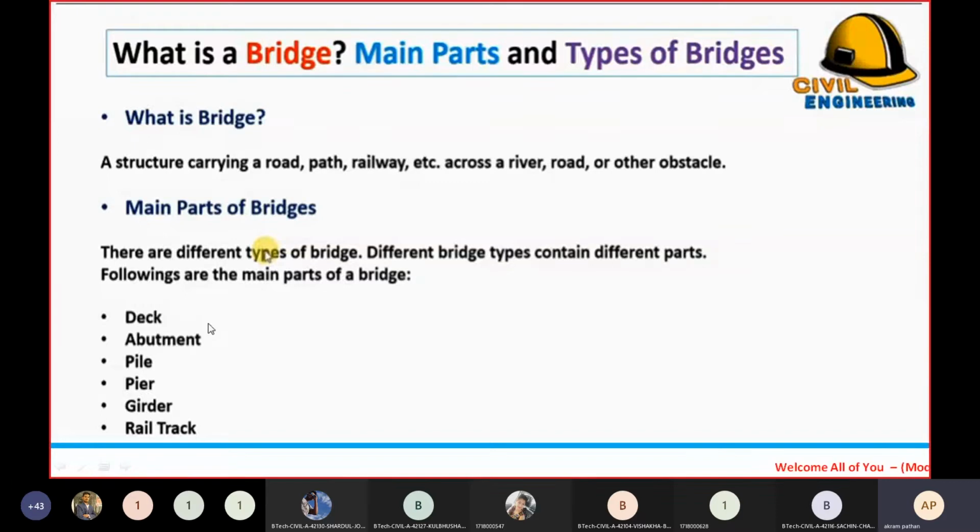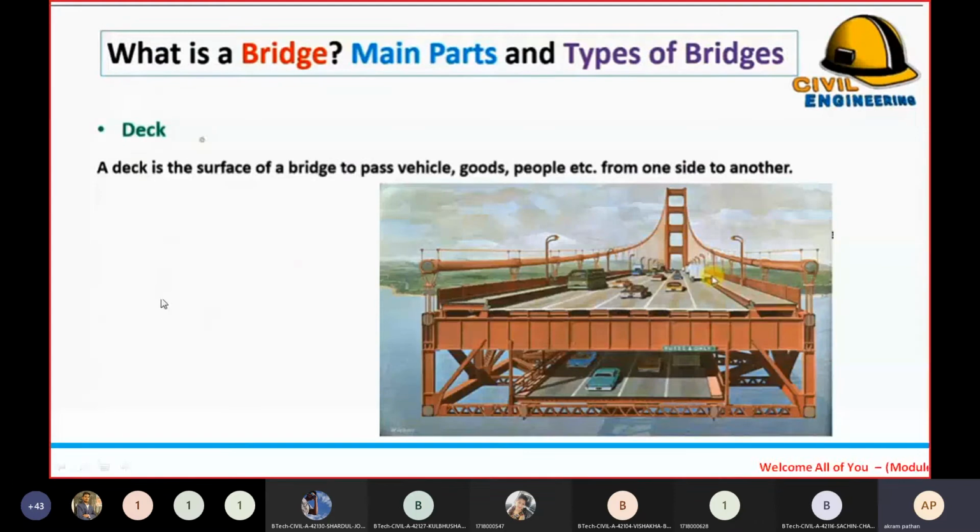So what do you mean by the deck? What do you mean by the abutment? We will see here. What is a deck generally? If you see in this photograph, whatever the superstructure may be, the vehicle is running over a particular surface.